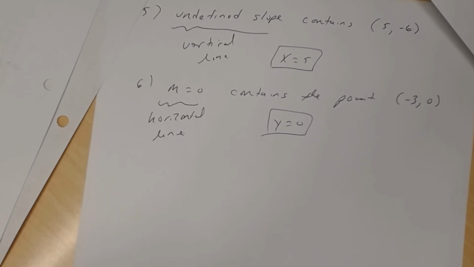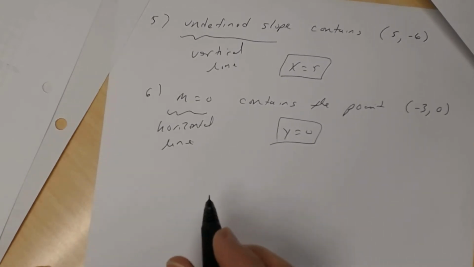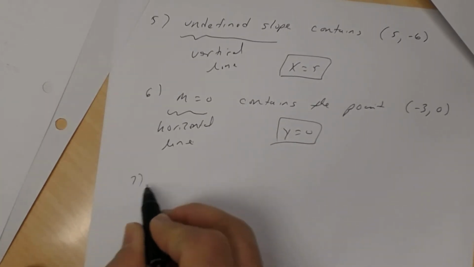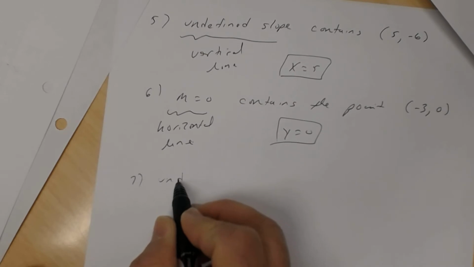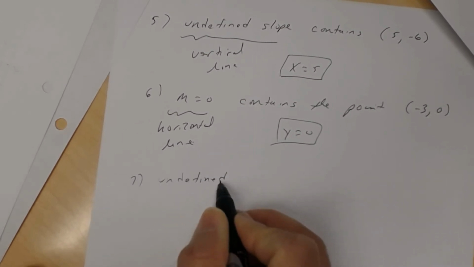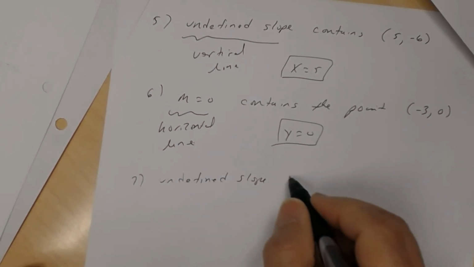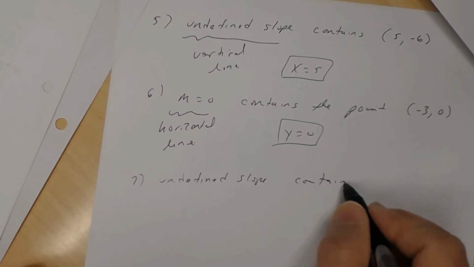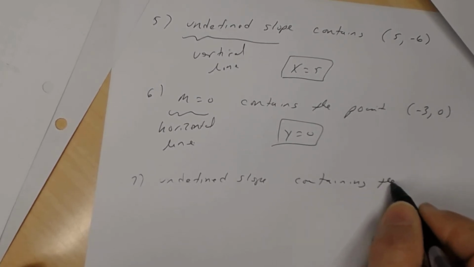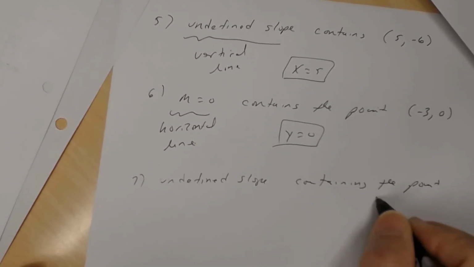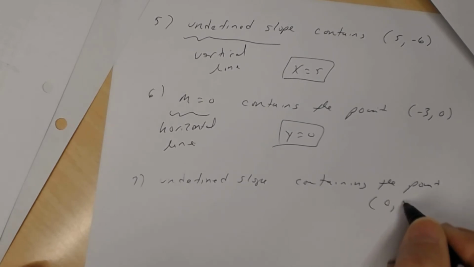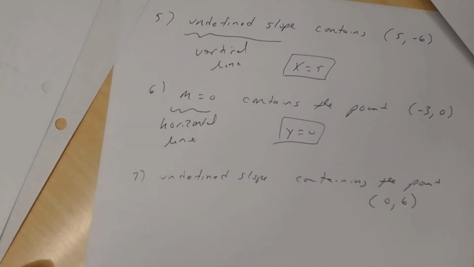And let's see. Alright. And so let's suppose you have a line with undefined slope, containing the point, and let's say this time it's 0, 6.